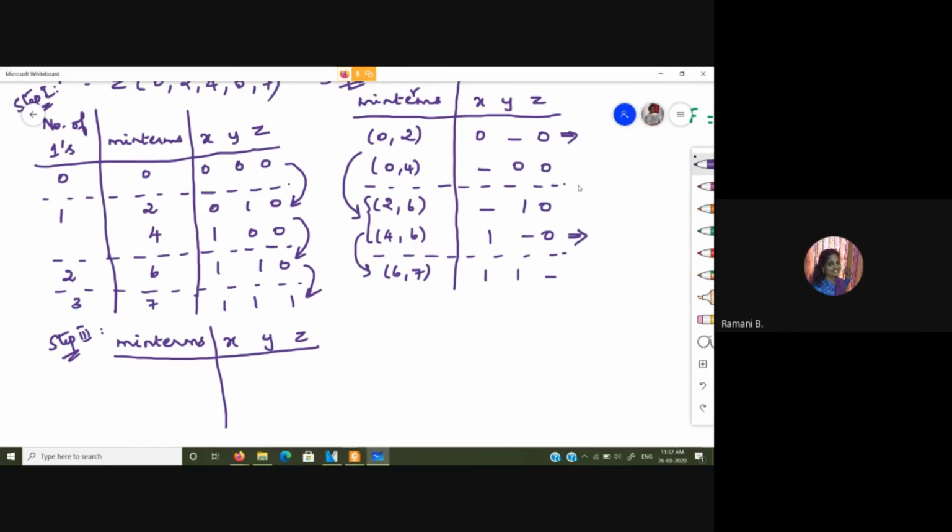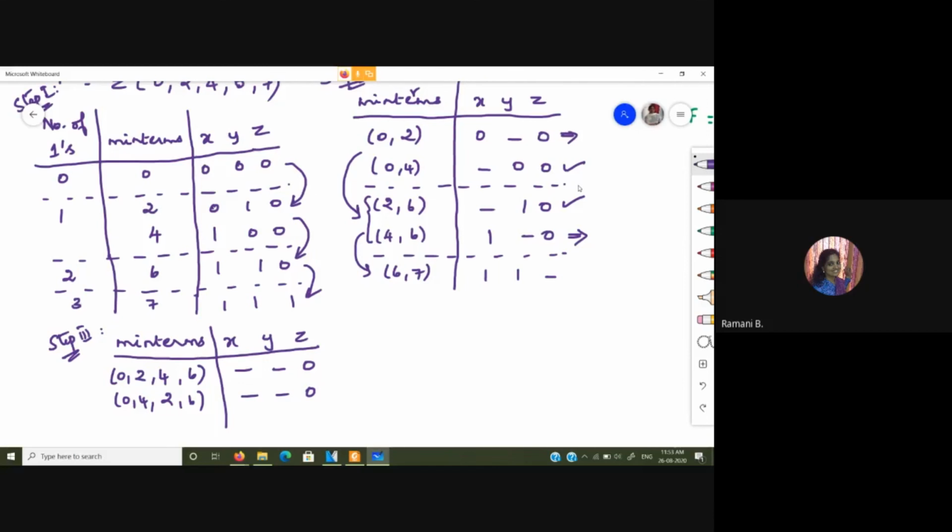So dash 0 is common over here, only the x value is changing. So 0 comma 2 comma 4 comma 6 gives dash dash 0. Next, comparing with the dash in the first position, with these two, here again y alone changes value. So we have 0 4 2 6, which is again the same, dash dash 0.